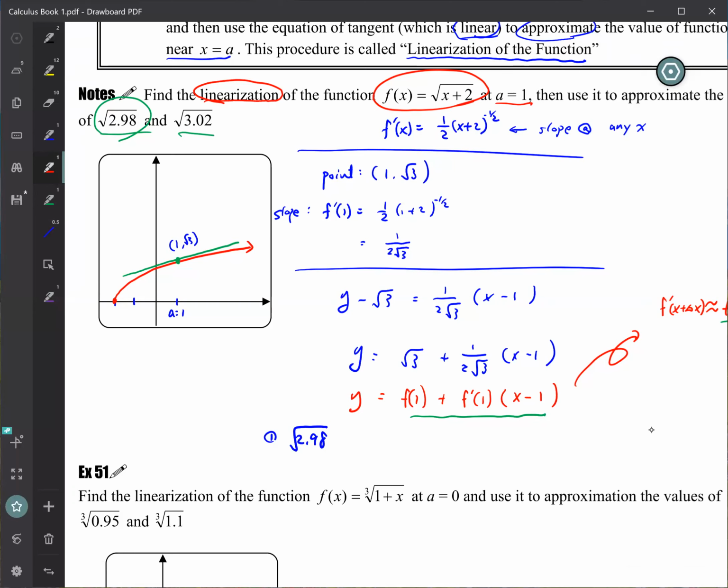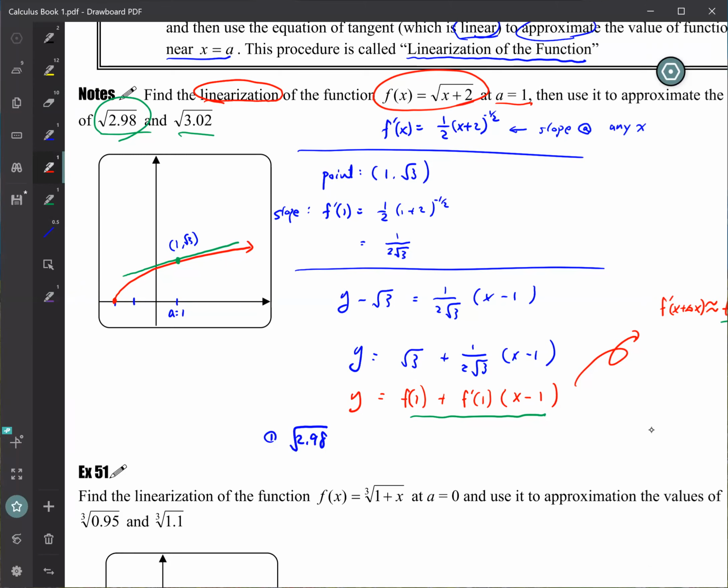If I put in 2.98, would you get square root of 2.98? Oh, no. What would you put in? 0.98, right? Because the function that we are using is square root of x plus 2.